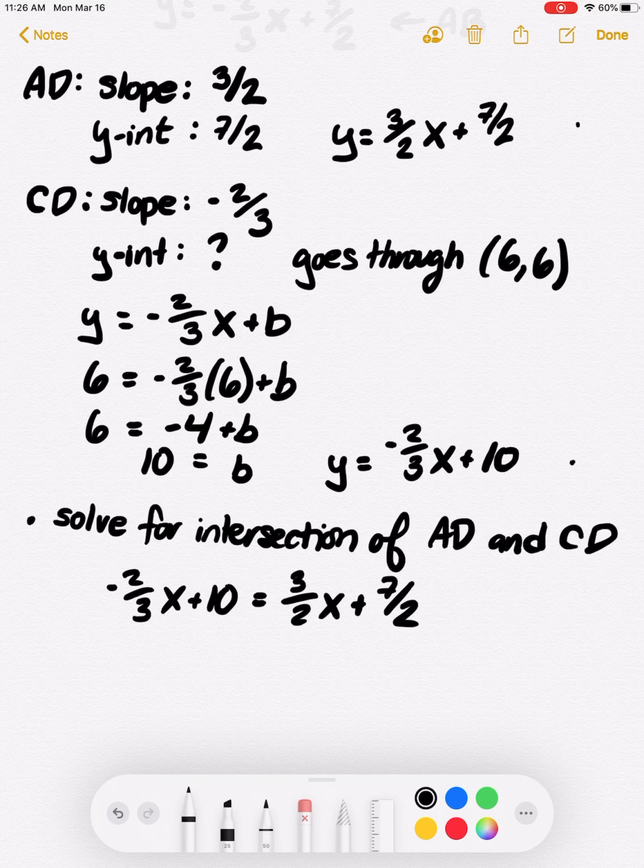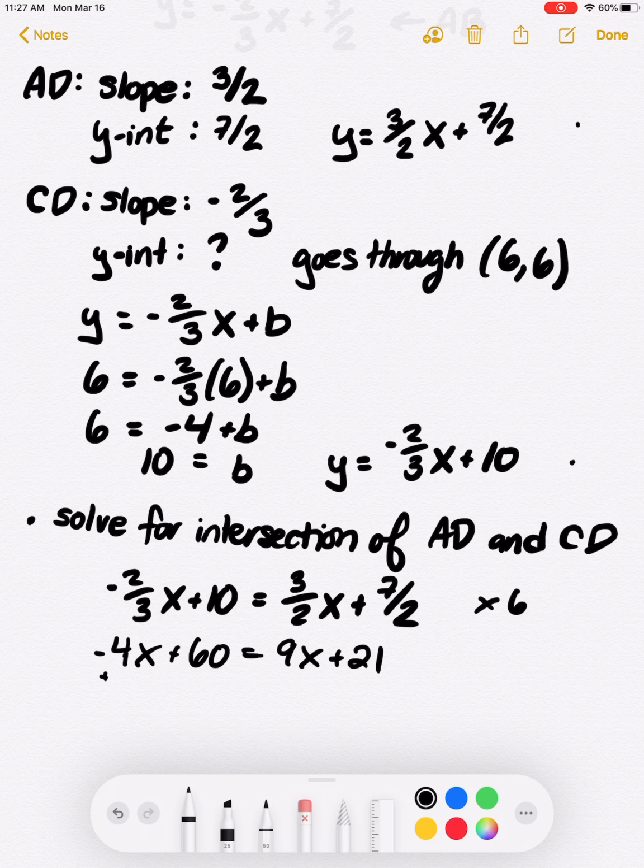If you don't like fractions, why don't we multiply this whole equation by 6, because that will get rid of everything. So minus 2/3 times 6 is going to be minus 4. 10 times 6 is 60. It's going to end up being 9x, and this will be 21.